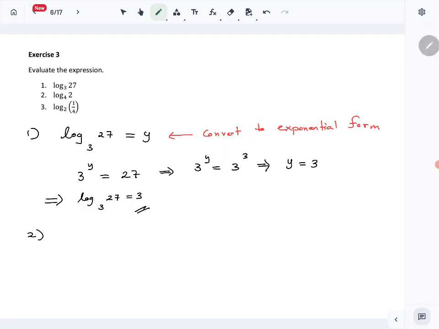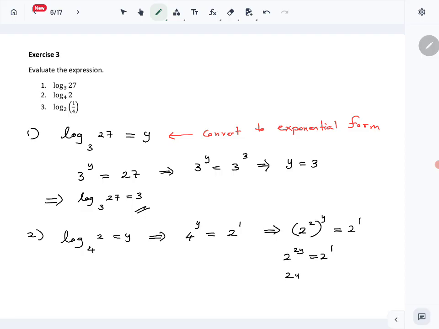Let's do the second one. Log base 4 of 2 equal to y, again convert to exponential form, which is 4 to the y equals 2. I need to write it in the same base. So this is 2 to the 1. So let me write 4 as 2 squared. 2 squared to the y equals 2 to the 1. Then 2 to the 2y equals 2 to the 1.